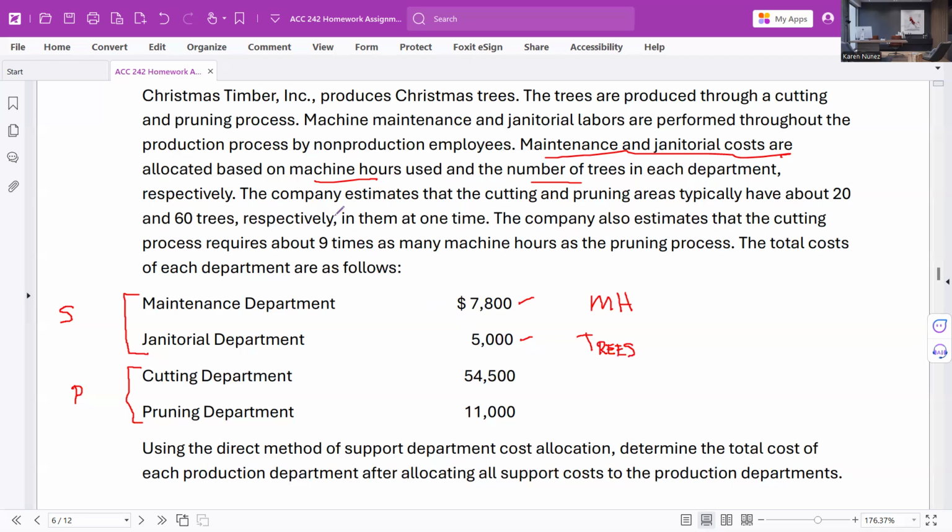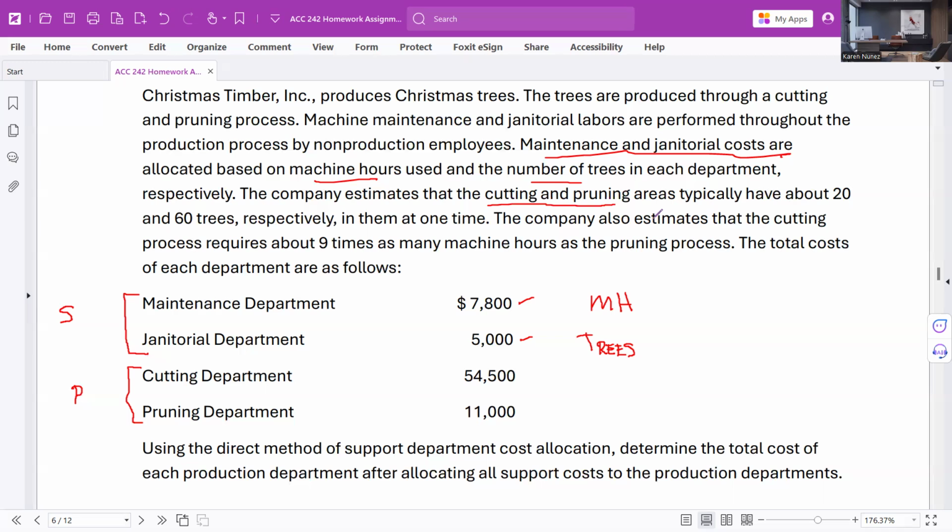The company estimates that cutting and pruning is typically 20 trees and 60 trees. So for cutting and pruning, we're typically going to have 20 and 60 trees respectively.